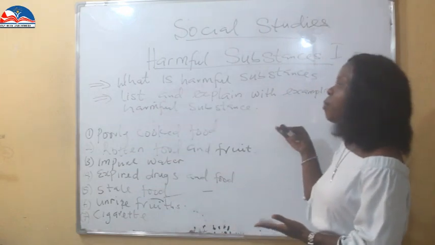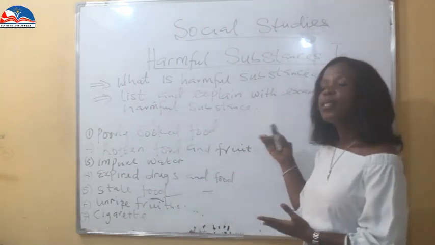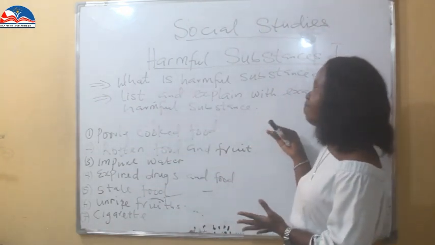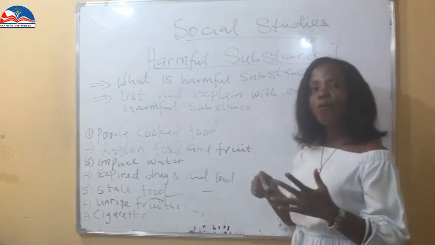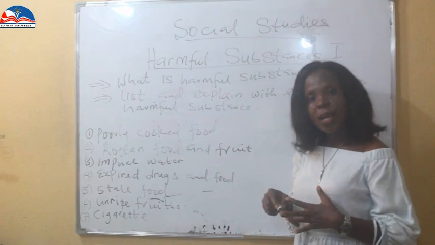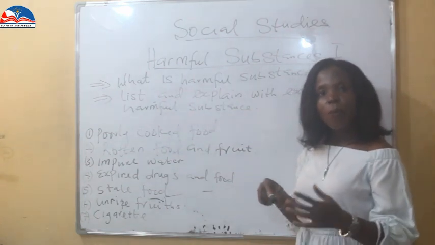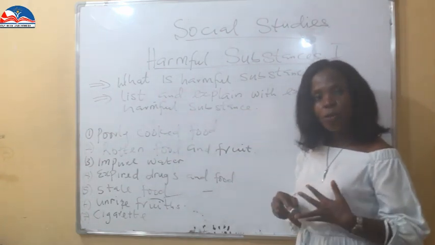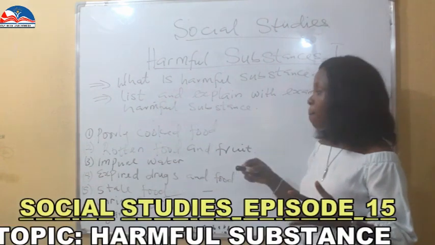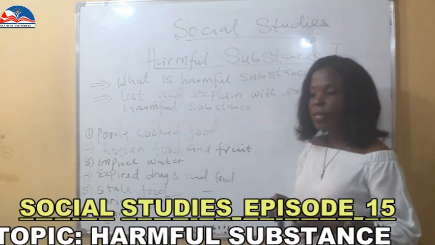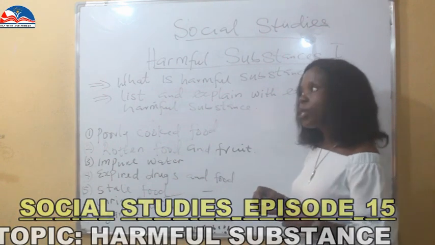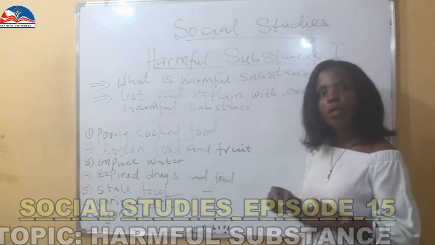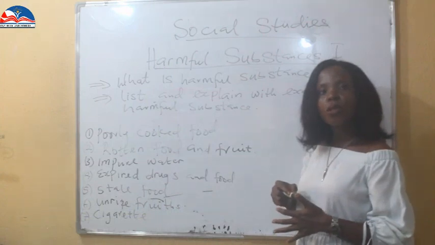So we have seen examples of things we can say are harmful substance. We talk about food, fruits, water, cigarettes, poorly cooked food, consumption of unripe fruits, taking contaminated water, eating contaminated food, rotten food, spoiled food.